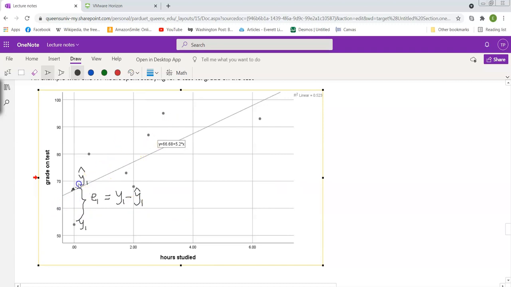So the residuals are all of the distances from the regression line. And we hope that our residuals are small, because the smaller our residuals are, the better the fit that line is, because that means that our points are tightly clustered on that line.